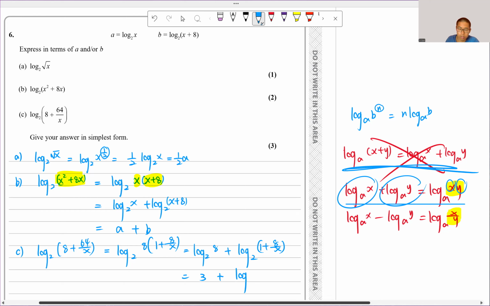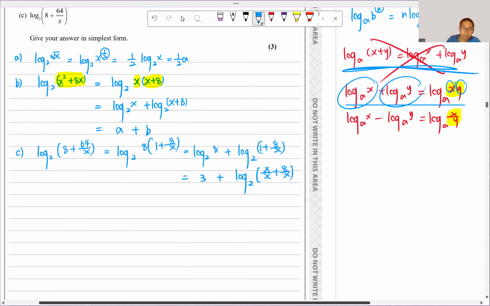Change into a division means we need to change into one single fraction. So 1 plus 8 over x, you can write this as x over x plus 8 over x. Then they have the same denominator. So now if we add, we have 3 plus log base 2 of (x plus 8) over x.